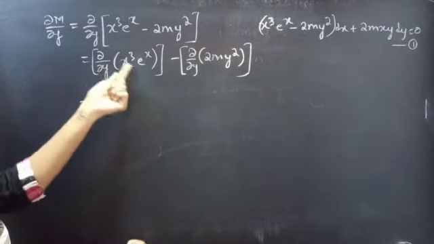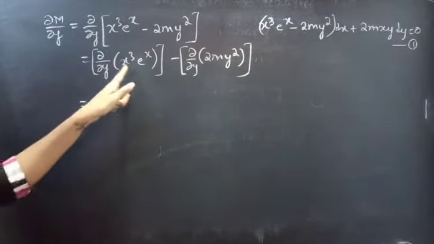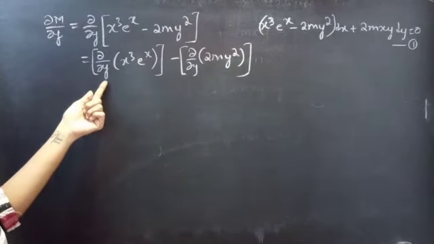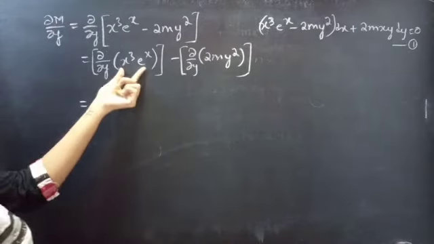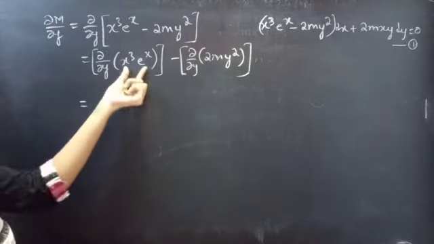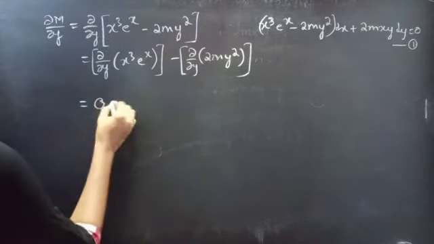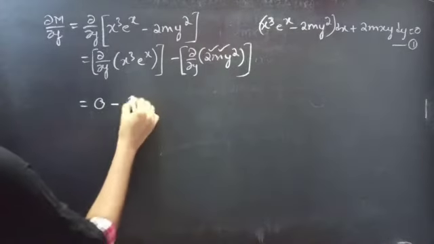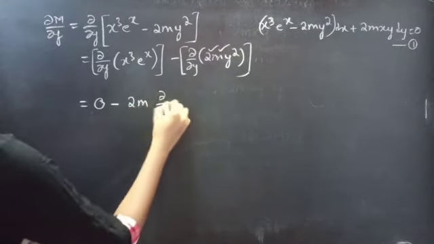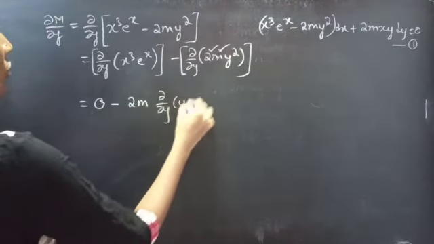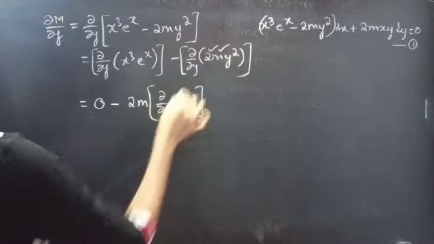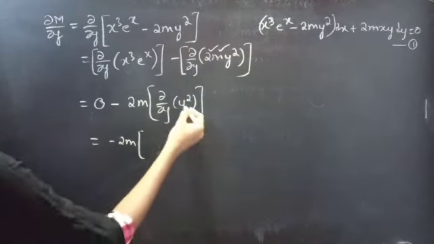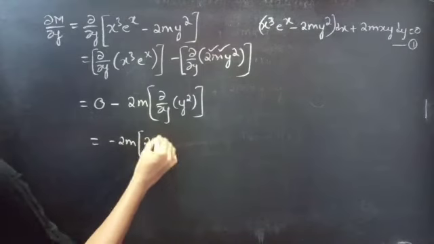The first term does not involve any y, so we'll treat x as constant. The partial derivative of a constant with respect to y is 0, minus, writing the constants outside, 2m times the partial derivative of y^2 with respect to y, which is 2y.